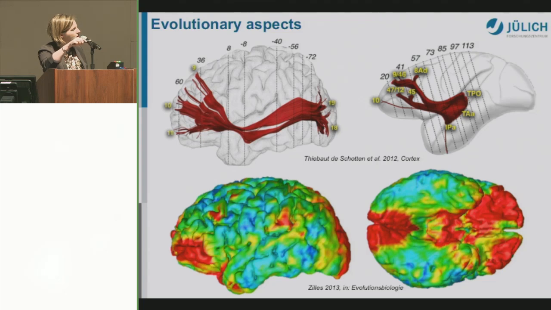And as you can see here from the lateral view and here from the ventral view, particularly those parts which have been connected by this inferior fronto-occipital fasciculus are the ones which are most developed from apes to humans. So maybe this might hint that this inferior fronto-occipital fasciculus, which could not be shown in macaques and other monkeys, might have been developed even further in humans.